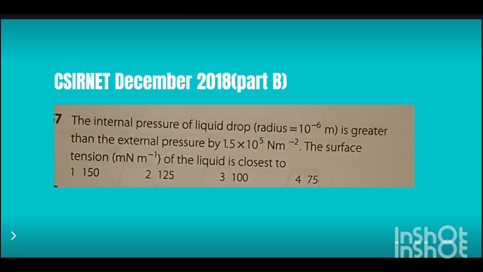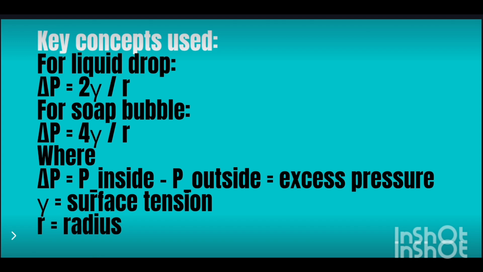In the question they have given that the internal pressure of the liquid drop is greater than the external pressure by 1.5 into 10 to the power 5 Newton per meter square. This means delta P is equal to P inside minus P outside is equal to 1.5 into 10 to the power 5.